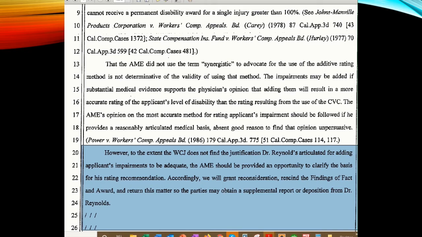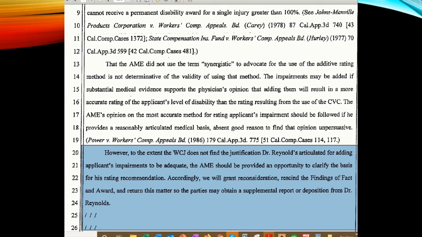Accordingly, we will grant reconsideration and return this matter so that the parties may obtain a supplemental report or deposition from the agreed medical evaluator, Dr. Reynolds. So again, in this case, the agreed medical evaluator chose to use the additive method, and he's halfway home with his additive method.